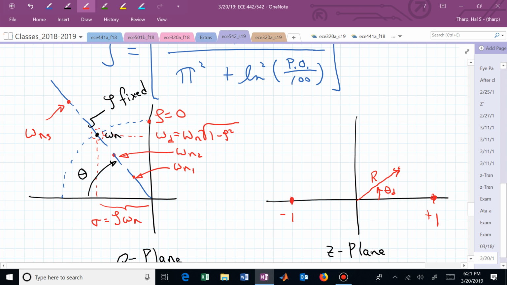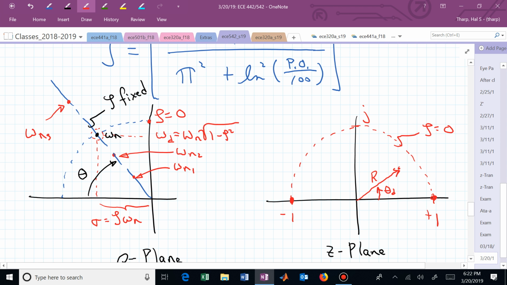In between those two extremes, we're on the unit circle. So when we're halfway between those, we're at j in the z-plane. But changing omega sub n doesn't change the position in the s-plane? Changing omega sub n in the z-plane puts us on the unit circle, and this is supposed to be a unit circle. That's zeta equal to 0.